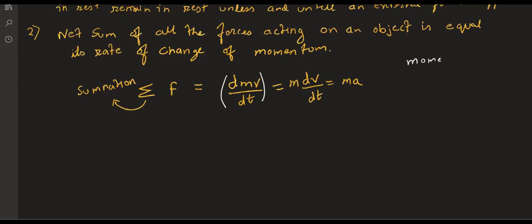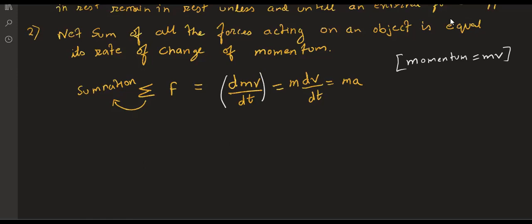Okay, that you have studied, right? Now the rate of change of momentum is d(mv)/dt. Since mass is constant, we can take it outside, so we are left with m dv/dt. Okay, everyone, I guess everyone is clear about that.